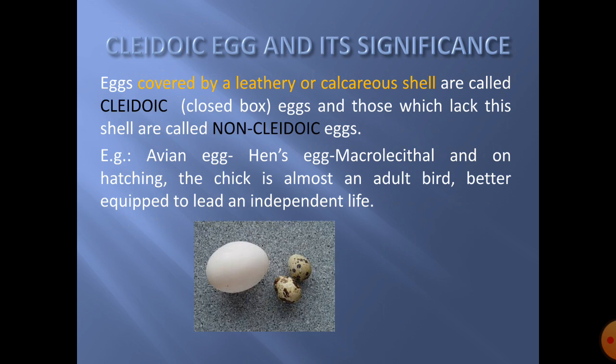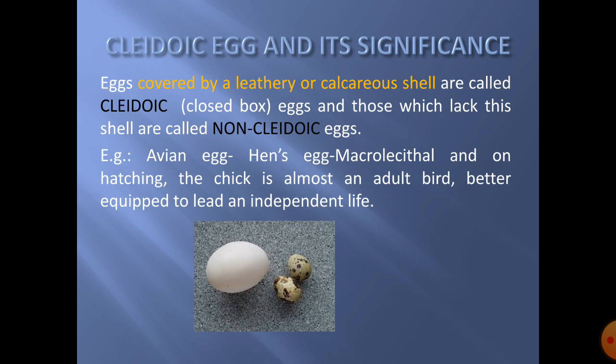Now, after learning about the classification of eggs based on their potencies, let us study the cleidoic eggs. Eggs covered by a leathery or calcareous shell are called cleidoic eggs. Cleidoic means closed box. And those eggs which lack this shell are called non-cleidoic eggs.